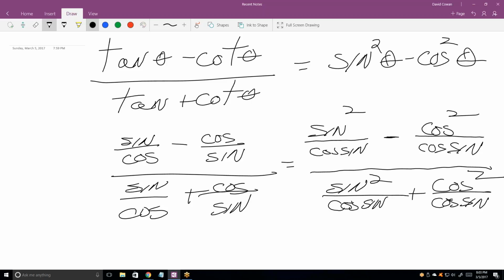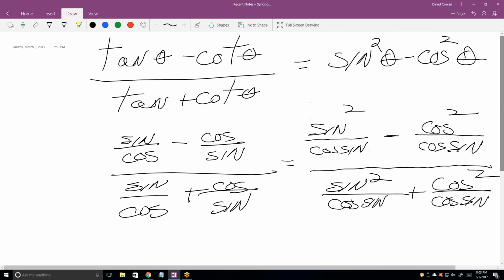You multiply the larger fraction by the denominator. In other words, whenever you have a fraction over a fraction, if the denominators are the same, you can cross them out.